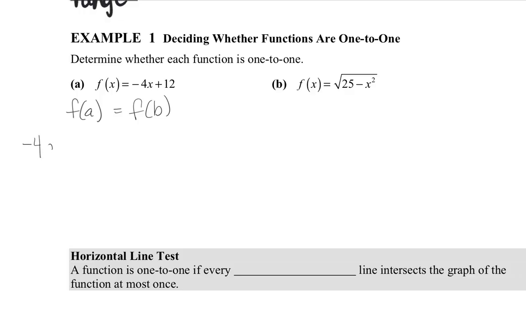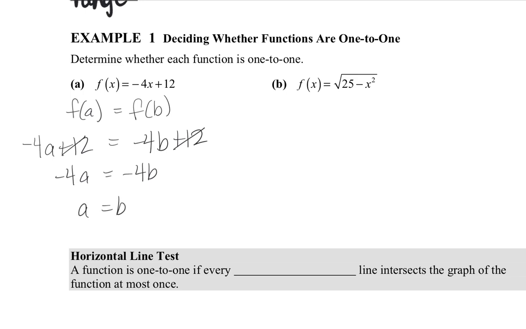That would be negative 4a plus 12 equals negative 4b plus 12. If I subtract 12 from both sides, it cancels out, leaving negative 4a equals negative 4b. Divide both sides by negative 4, and you get that a equals b.